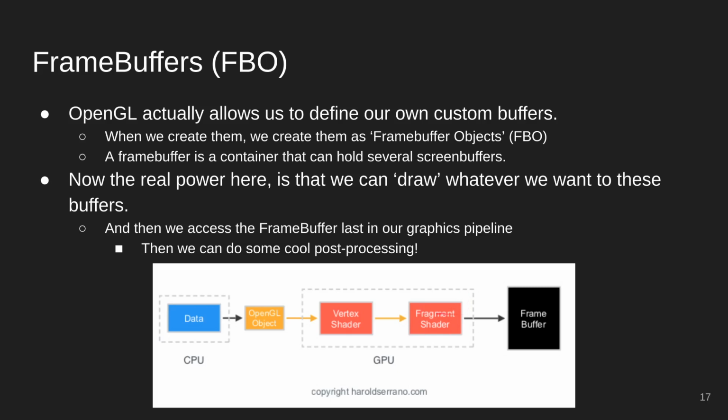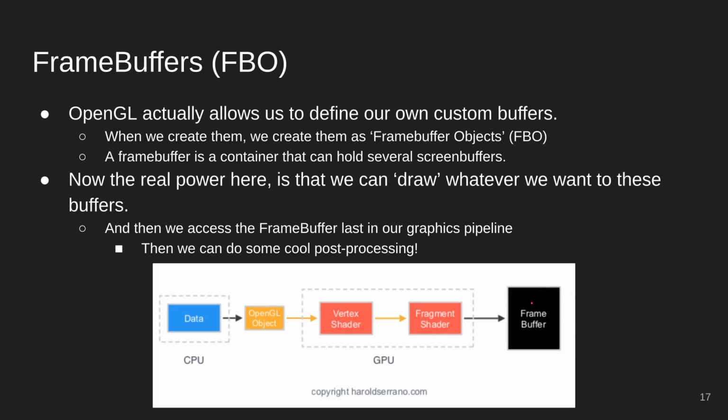And then at the very end, when our fragment shader says, hey, here are the colors going into our color buffer, which we have by default, and our depth buffer to figure out what to draw and what to clip away from the scene for stuff that's too far away, we have the frame buffer, which is the final part of our graphics pipeline here.